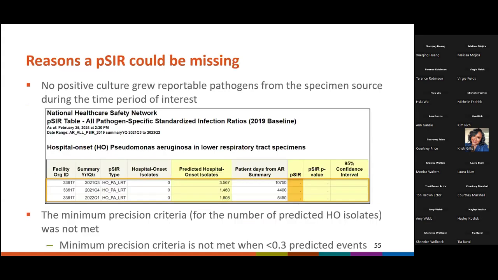There are a couple situations where the pSIR could be missing or suppressed. The pSIR will be missing when no positive culture grew reportable pathogens from the specimen source during a time period of interest. Take the example on this slide.